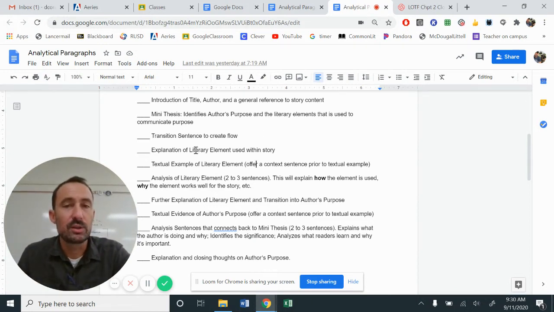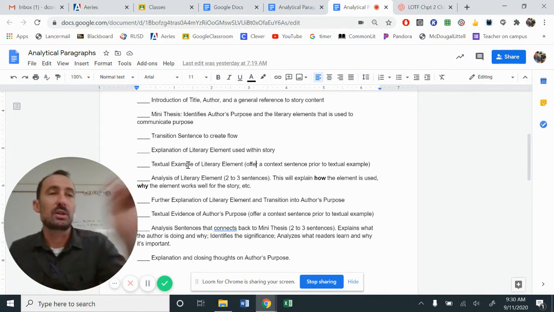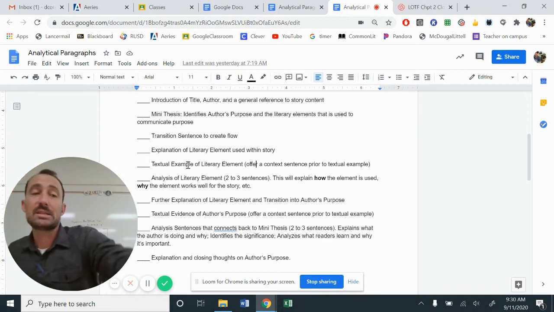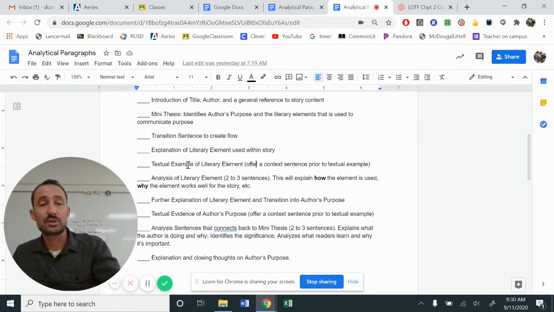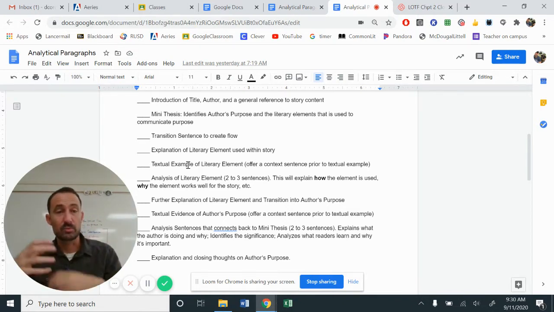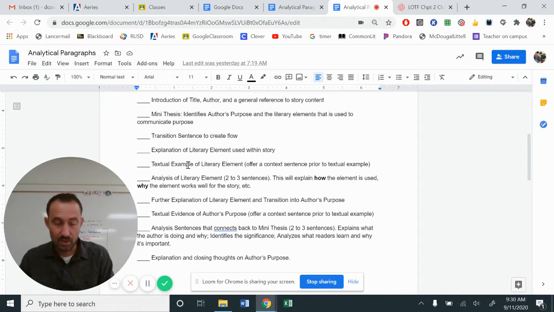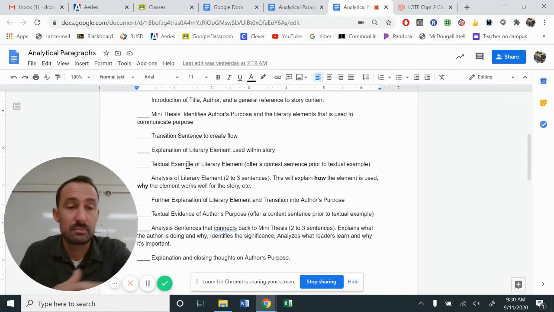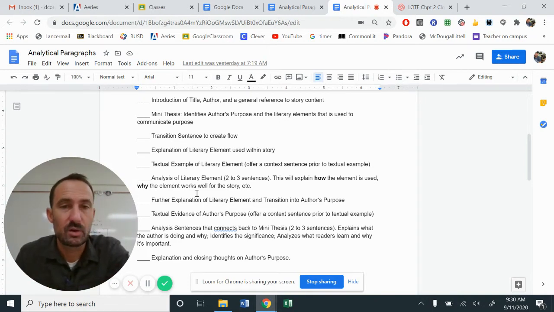Then you'll go in and explain the literary element within the story. So you'll explain the idea of, oh, they're using personification here. They're using foreshadowing. They're using symbolism, okay? There's a lot of foreshadowing in Of Mice and Men in the very first chapters as far as what will happen later. So John Steinbeck is using the idea that these problems will continue, and he foreshadows them early on in the story. All right.